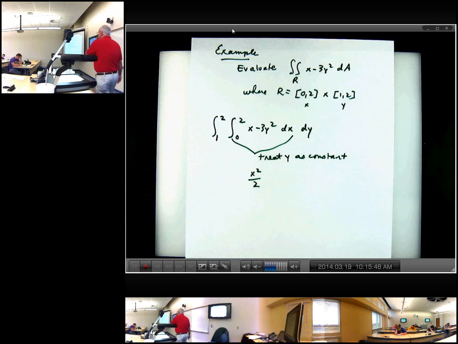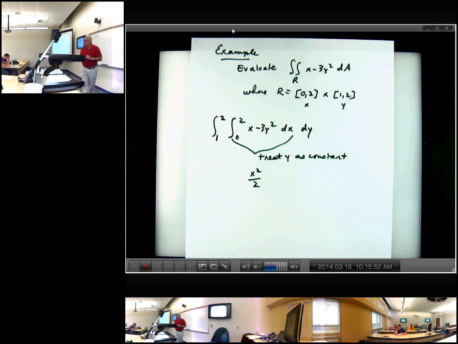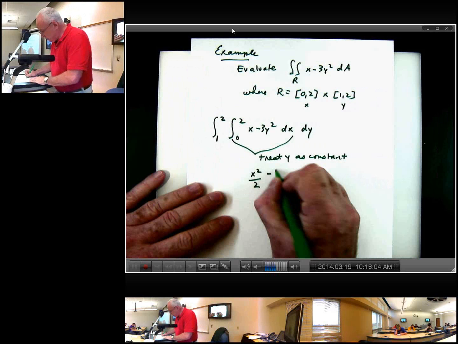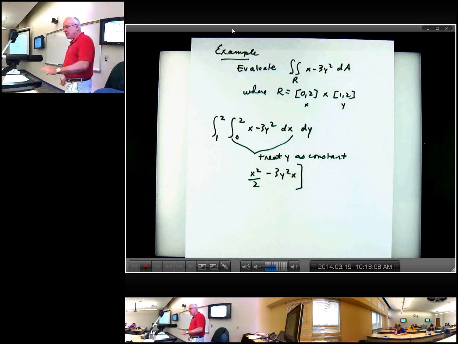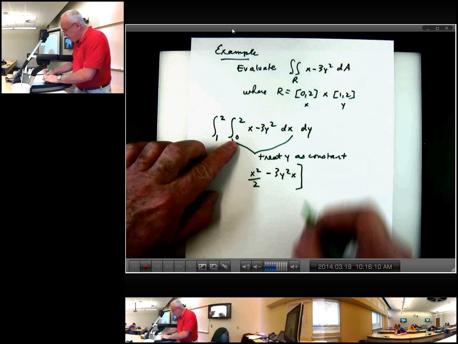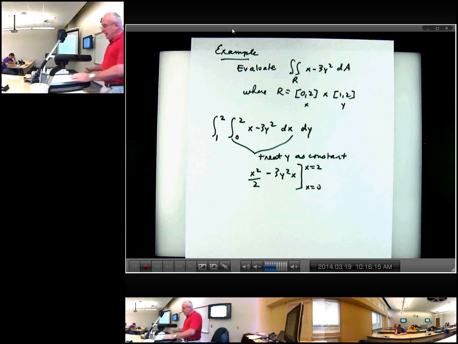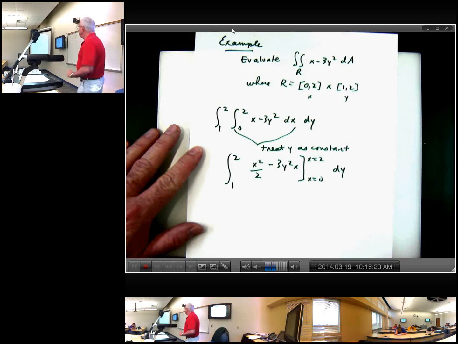Now, when treating y as a constant, what's my antiderivative going to be of minus 3y squared? Right, minus 3xy squared, or minus 3y squared times x, however you want to look at that. Minus 3y squared x. And then we have to evaluate this. Now this is from x equals 0 to the upper limit x equals 2. And then remember, this is all inside my outer integral 1 to 2 dy.